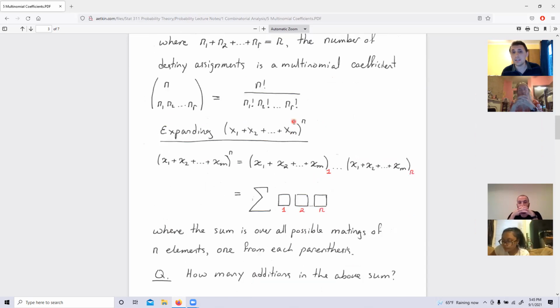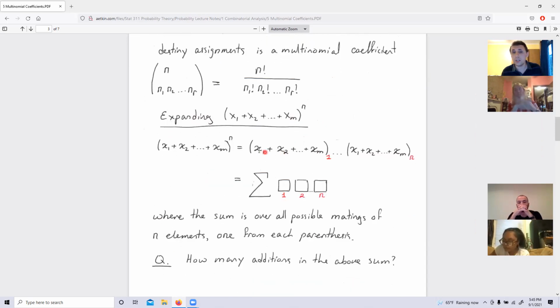And each parenthesis will contribute 1 x, either x1 or x2 or xm, right? So that would be what goes in here. Then from the second parenthesis, what goes in here. And the last parenthesis, the end parenthesis, what it contributes. So when you expand multiplication, it's the same as picking an outcome from each parenthesis. Yes? And placing it over here.